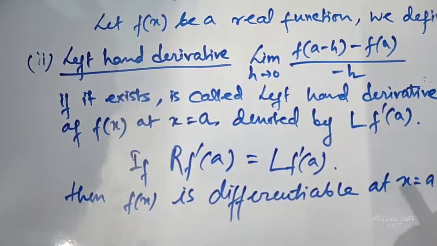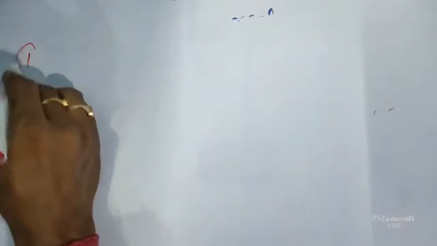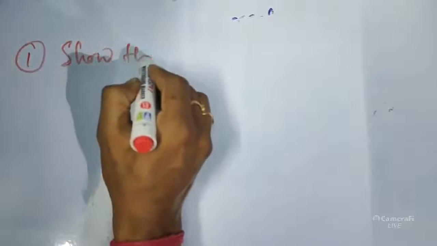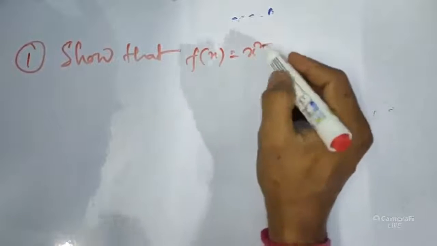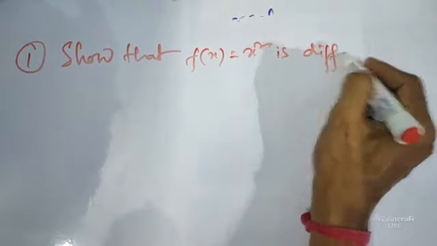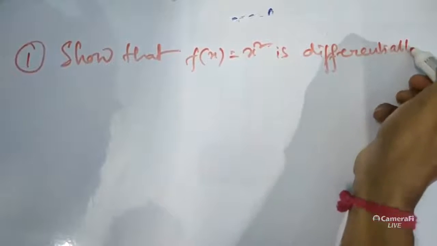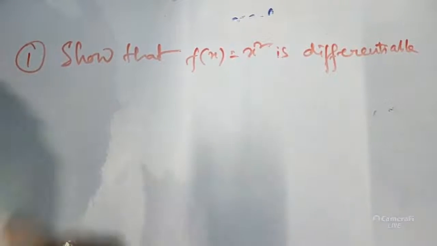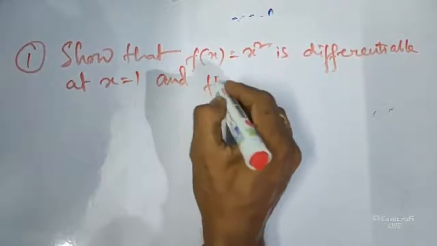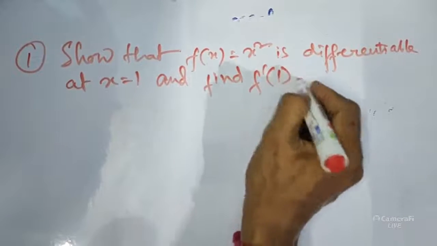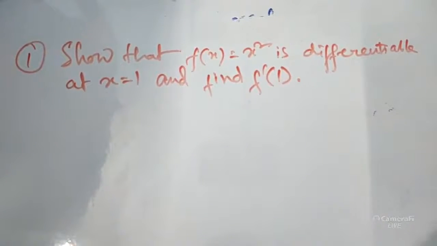Now how to solve problems, that we will learn. If the question is given like this: show that f(x) equals x square is differentiable at x equals 1 and find f dash 1. So how to solve this type of question?